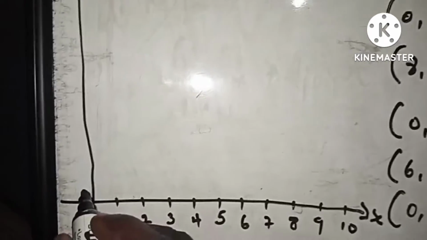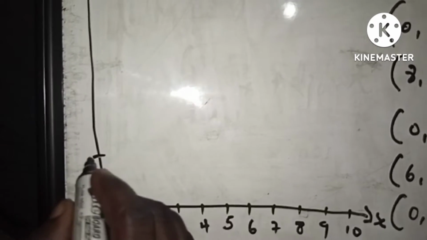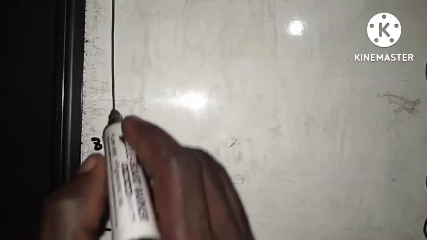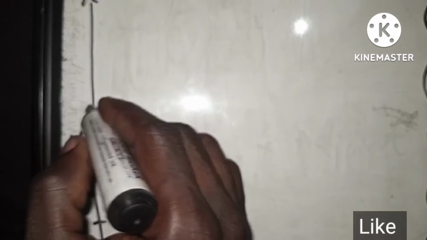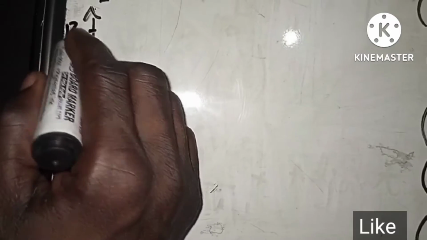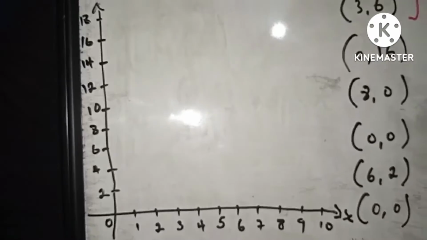I would choose to number it from 2, so 2, 4, 6, 8, 10, 12, 14, 16, and then 18. Is that okay? This is how simple you have to number your graph.